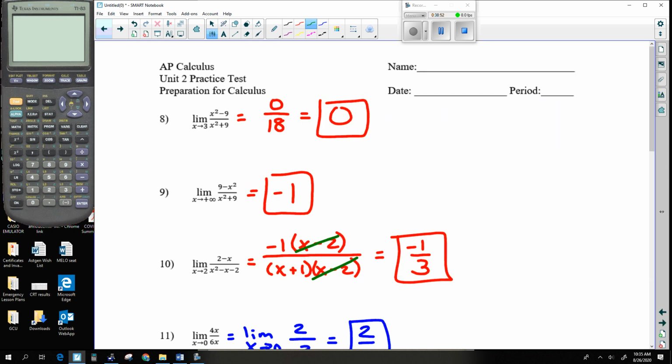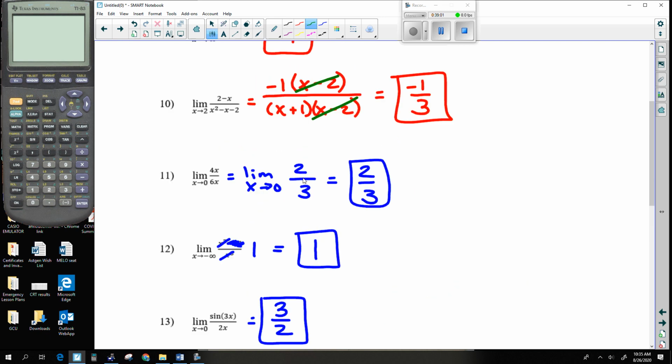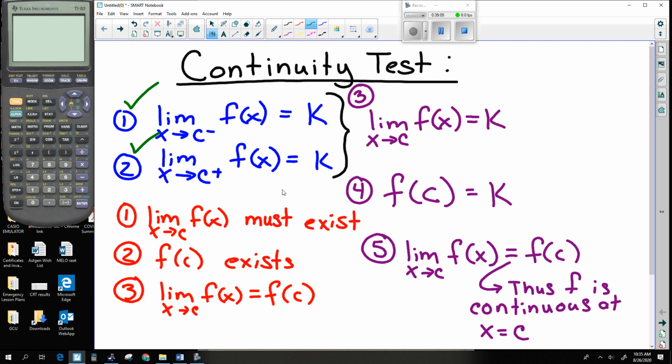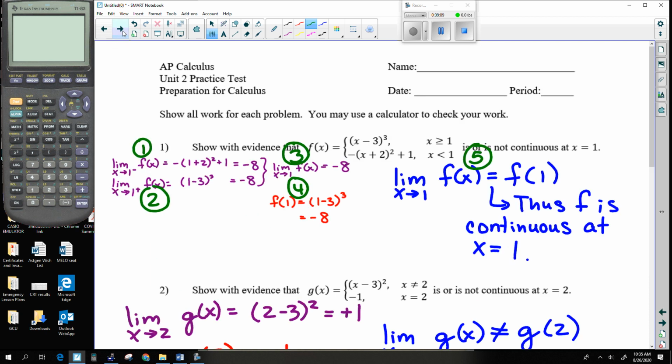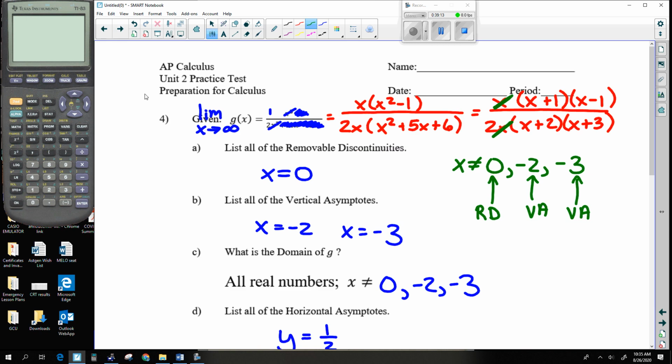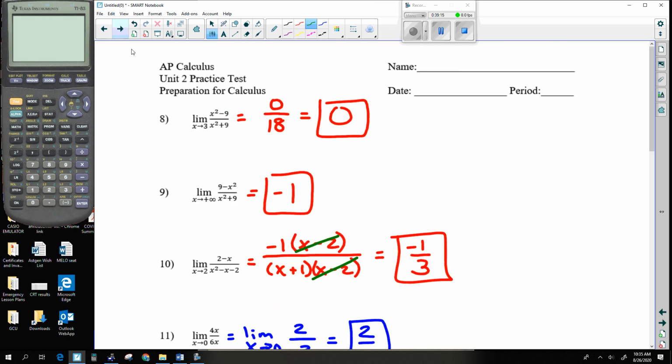Okay, that's it. So if you are able to answer these questions, you are in good shape for the test. So as I said, what some people may need to look at is this continuity test. This is really important, the continuity test, as well as the idea of sine x over x.